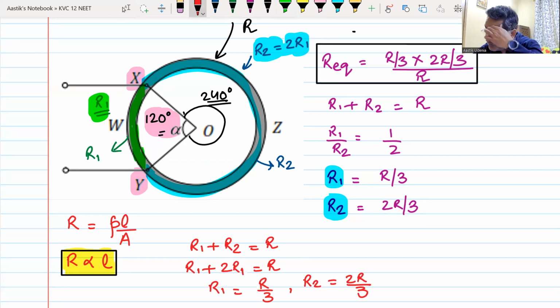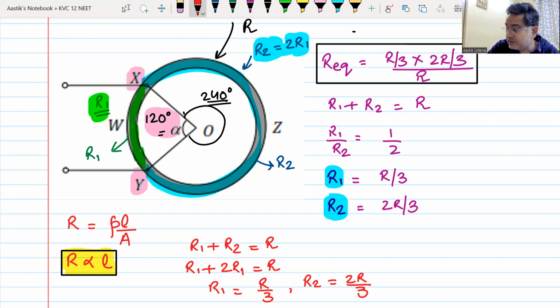And that is what we have applied here. Do we understand this? Everyone understand this now? Yes, sir.